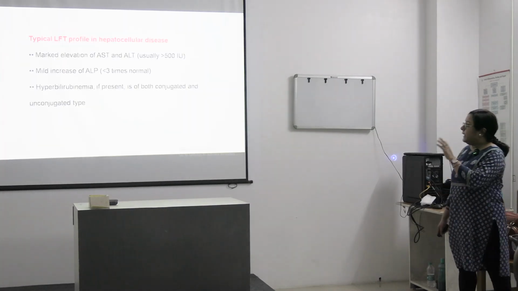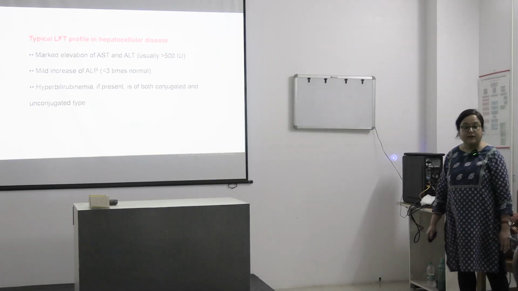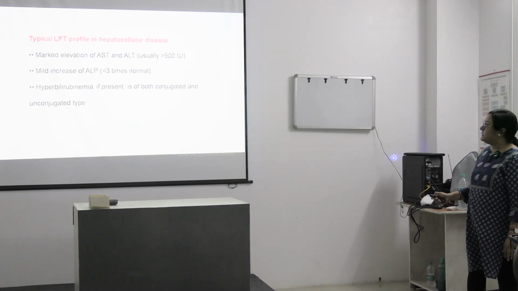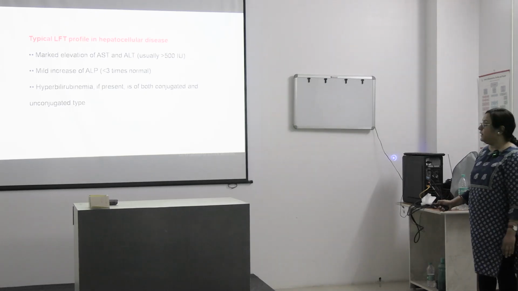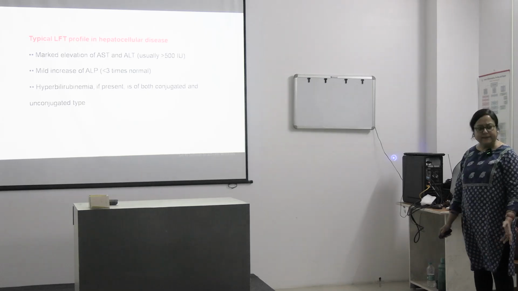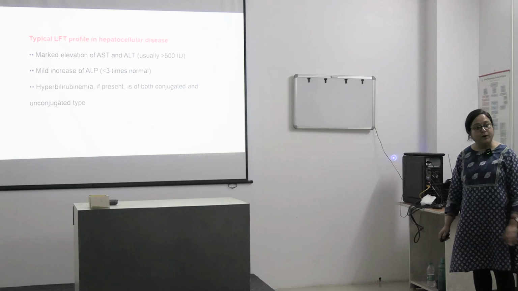Now, a typical LFT profile in hepatocellular disease: we will find there is marked elevation of AST and ALT, more than 500 international units. There is mild increase of ALP, less than 3 times the normal, and hyperbilirubinemia may be of both types.